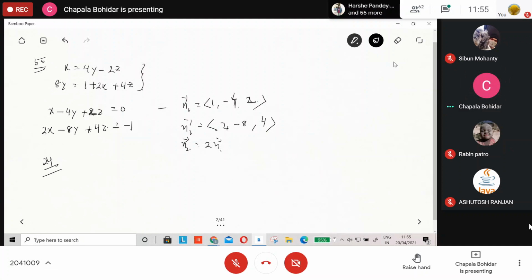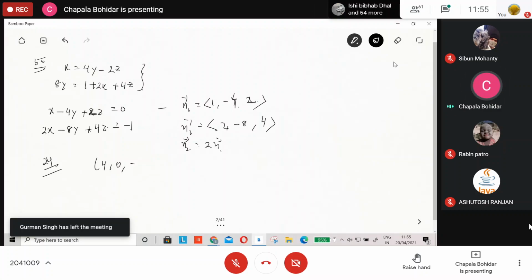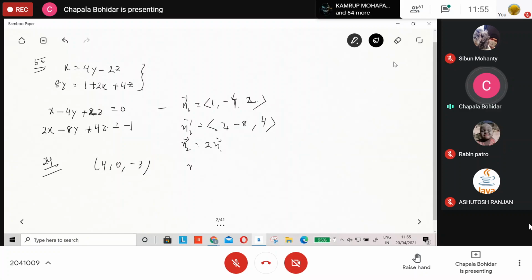Equation of the plane through the point (4, 0, minus 3) and with normal vector j plus 2k. Equation of the plane. Tell me.